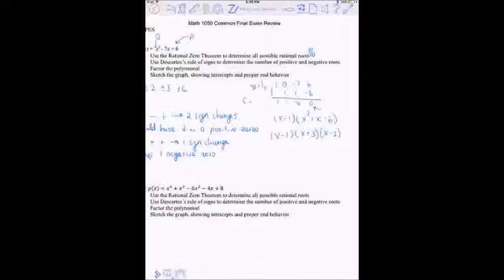Now for part D, we need to sketch the graph. We have the 3 zeros, positive 1, negative 3, and positive 2.